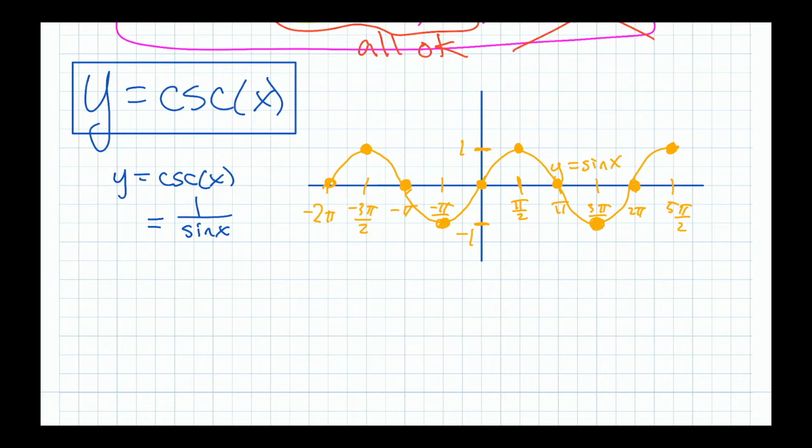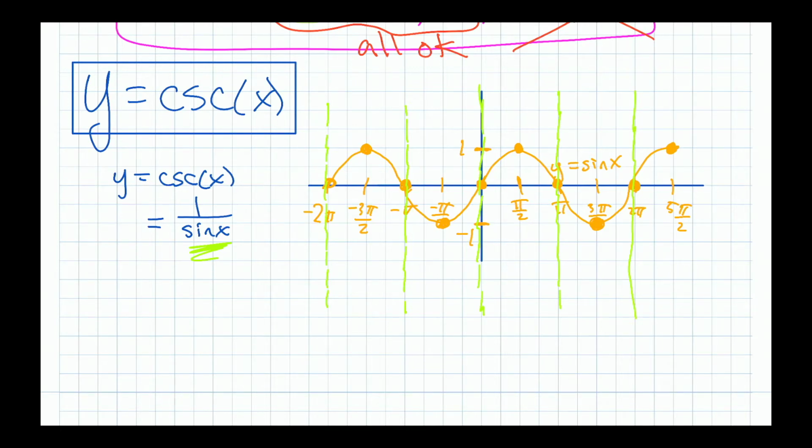And just like before, there are vertical asymptotes whenever the sine is 0, right? Because we have a sine in the denominator. So there's a vertical asymptote right here, and then right here, and then right here, then right here, and right here. All right, so vertical asymptotes there.